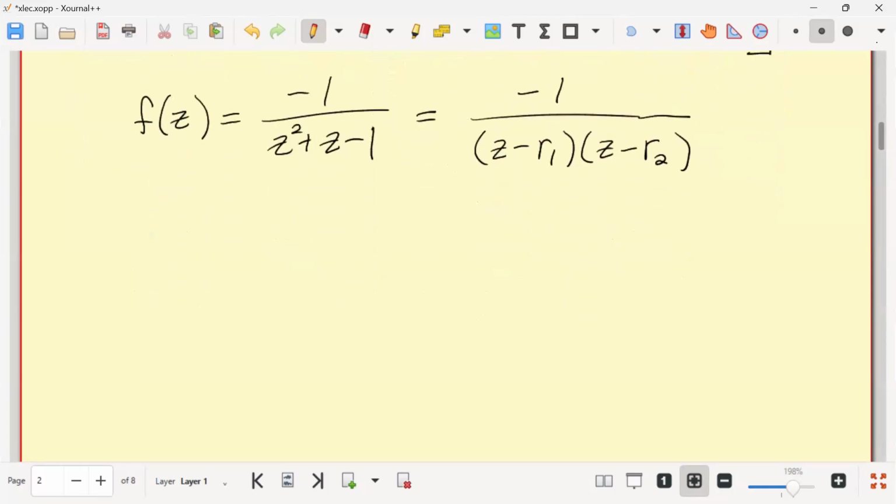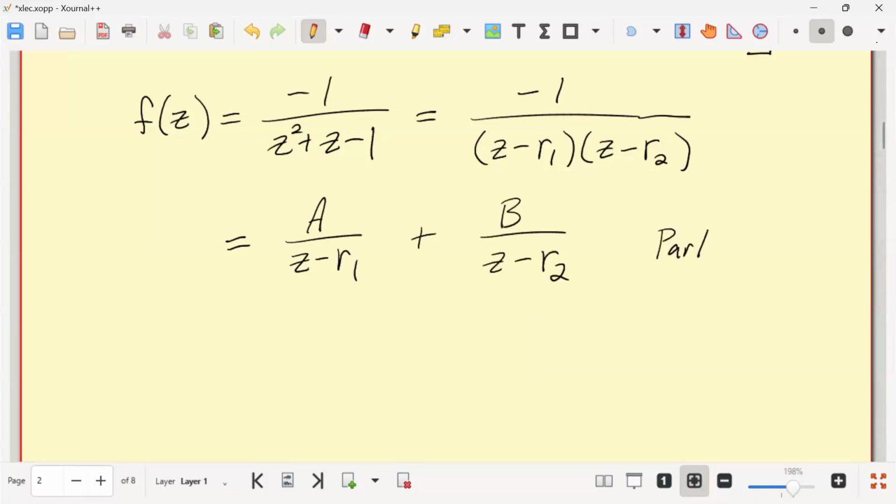And I want to find the power series expansion for that using geometric series. And so we kind of did some problems like this in the homework. I can do partial fractions and write that as a over z minus r1 plus b over z minus r2. So that's partial fractions.